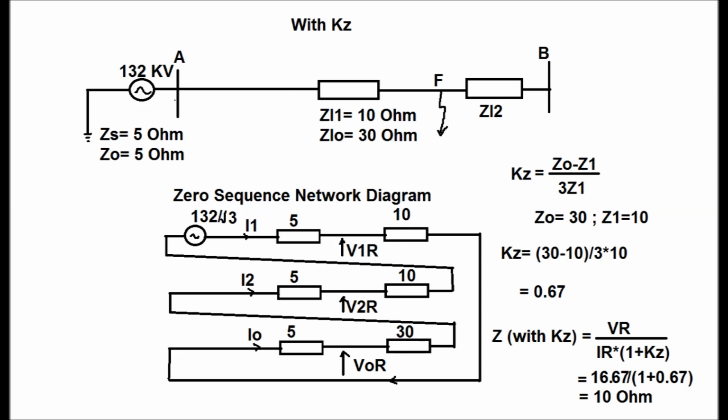So with the Kz factor, the zero sequence compensation factor, properly included, we can conclude that the distance relay will calculate the distance accurately up to the fault point. So the distance calculated by the distance relay at the substation A end is 10 kilometer, or in terms of impedance 10 ohm. So the distance relay can accurately calculate the distance with the kz factor.